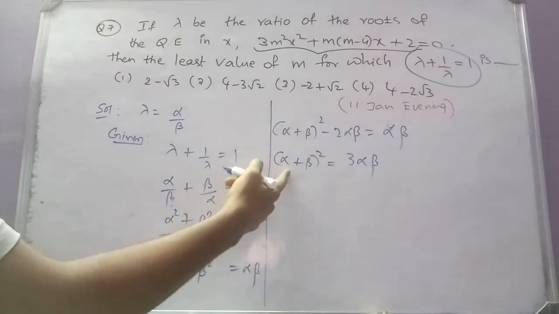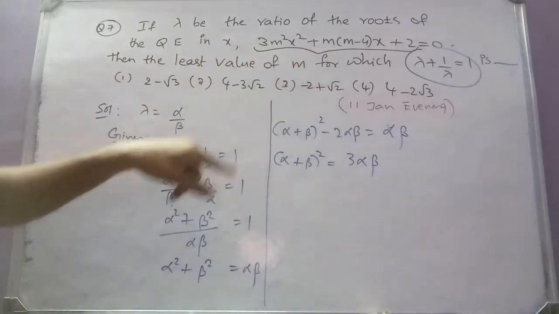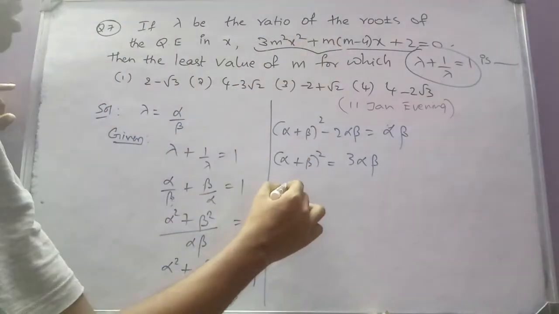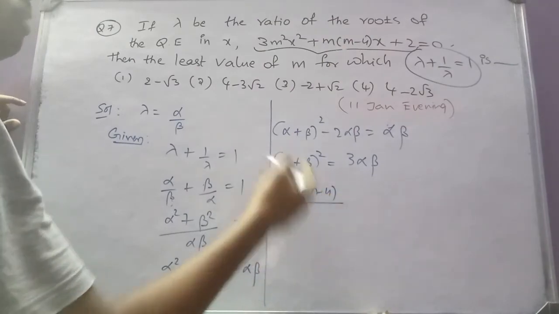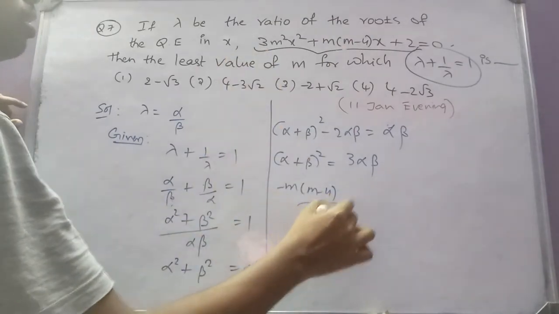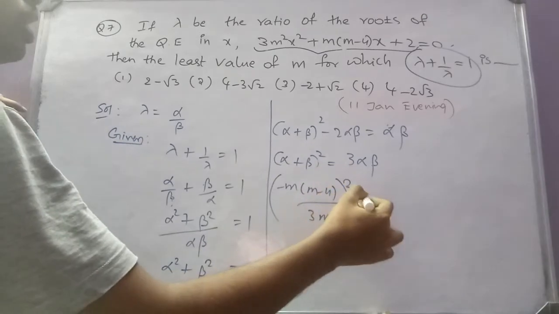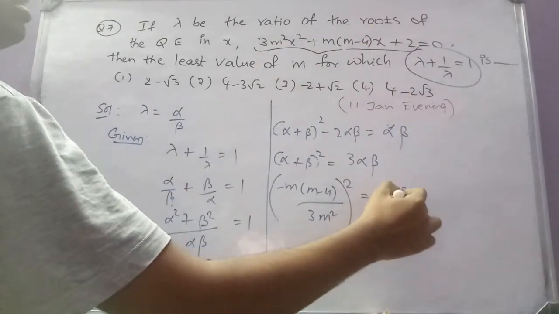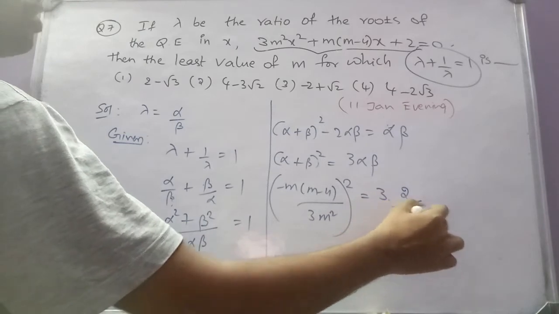Now use alpha plus beta means minus b by a. From the quadratic equation, minus b by a. So minus b means minus m into m minus 4, by a means 3m square. So minus b by a whole square is equal to 3 times alpha beta, and alpha beta is c by a. C by a means 2 divided by 3m square.